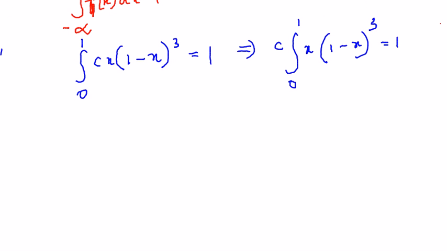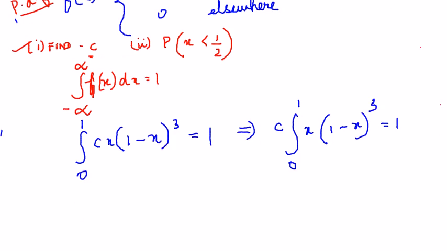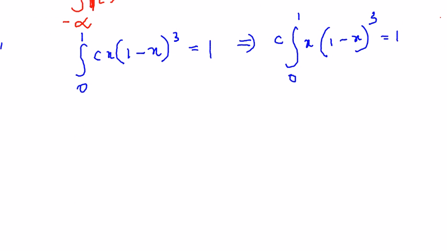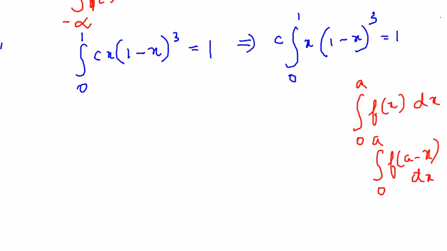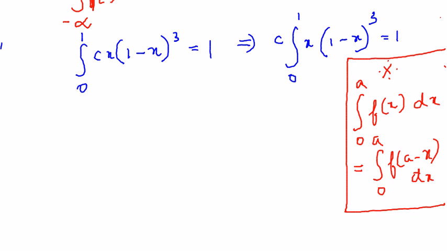Now there is a property of definite integrals which we can use here, which is between the limits 0 to a, f of x dx can be written as between the limits 0 to a, f of a minus x dx. So this is what I'm going to apply over here.